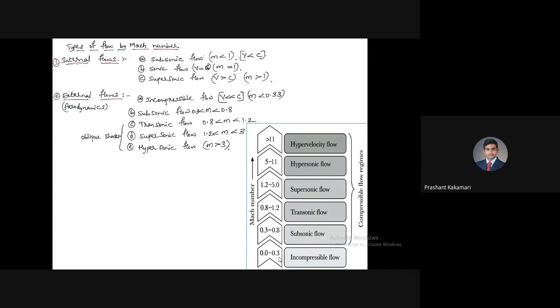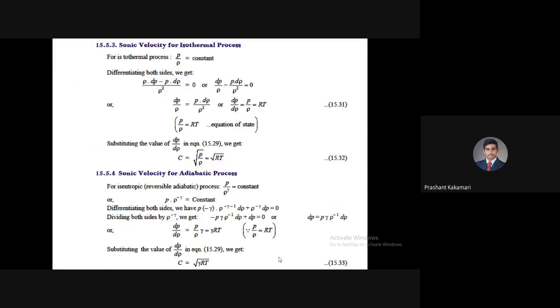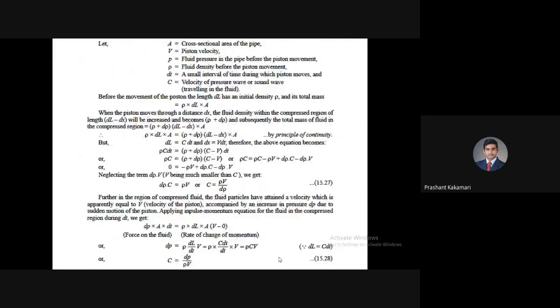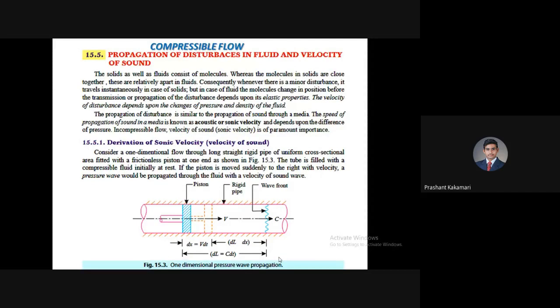At what speed? Say for example we have taken an experiment like this: this cylinder with a piston. At whatever velocity the piston moves, if the air is also moving at the same velocity, or the disturbance is also flowing along, then it is acting like an incompressible fluid.